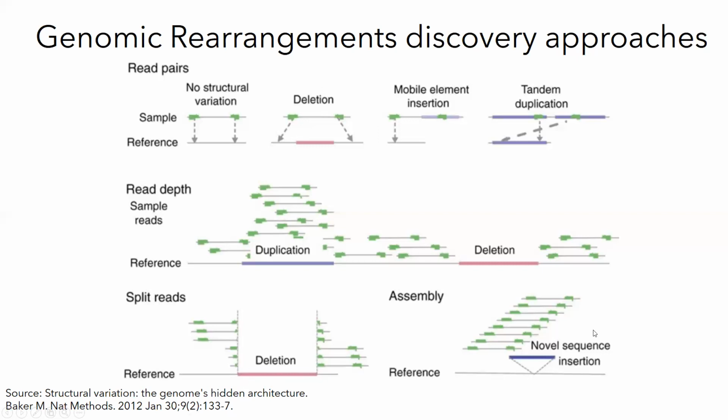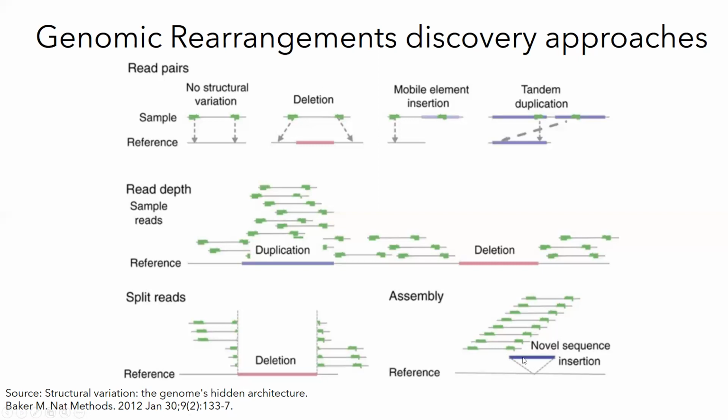And we have the novel sequence, the novel assembly of the sequence. So here we have a novel sequence insertion in the reference genome. These reads can be assembled in order to make this sequence de novo, and we can say that this new sequence has been inserted into our sample.